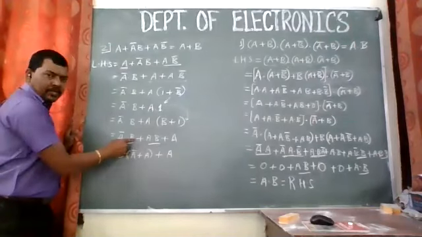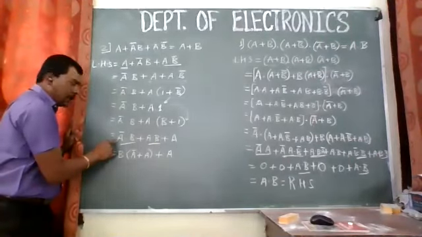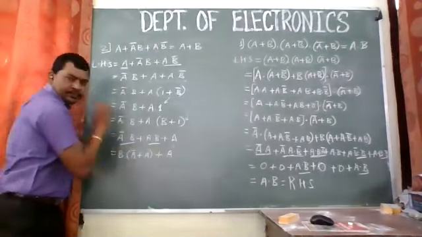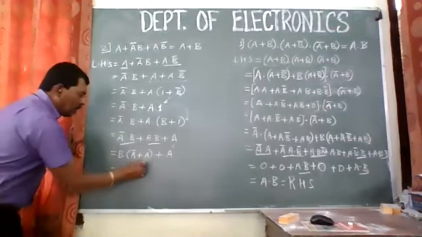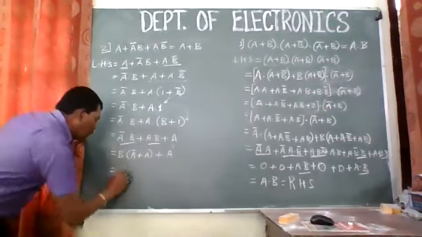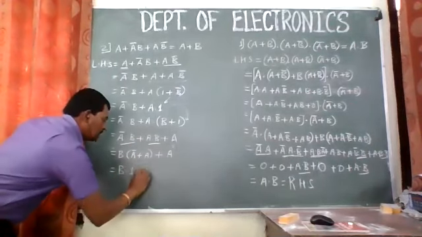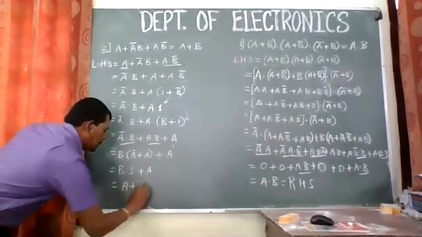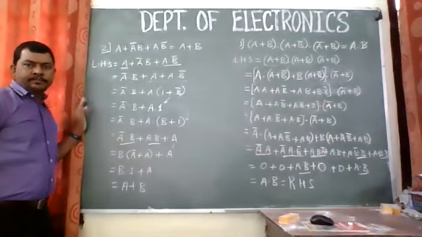So b I have taken common from these two terms, and in the bracket I am left with a bar plus a, plus this a. Now a bar plus a will give you 1. So b into 1 plus a, and that can be written as a plus b. Any question?